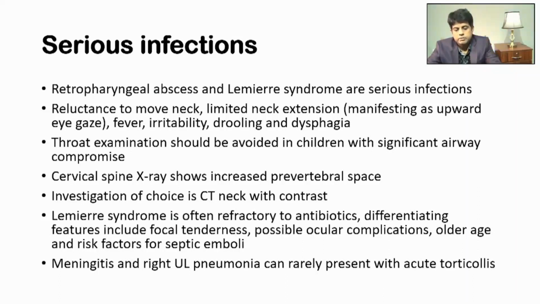Lemierre syndrome is often refractory to antibiotics, and its differentiating features include focal tenderness along the course of the internal jugular vein, sometimes association with possible ocular complications, and the risk factors for septic emboli. Rarely, meningitis and right upper lobe pneumonia can present with acute onset torticollis.